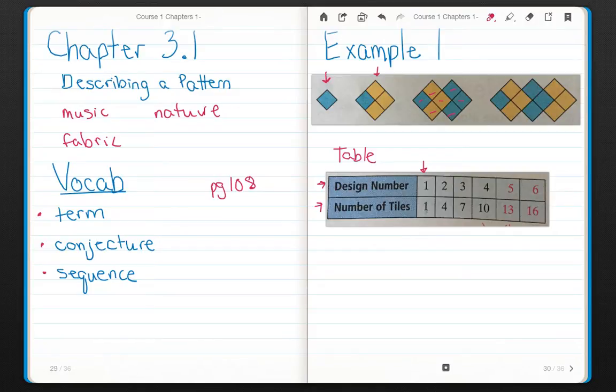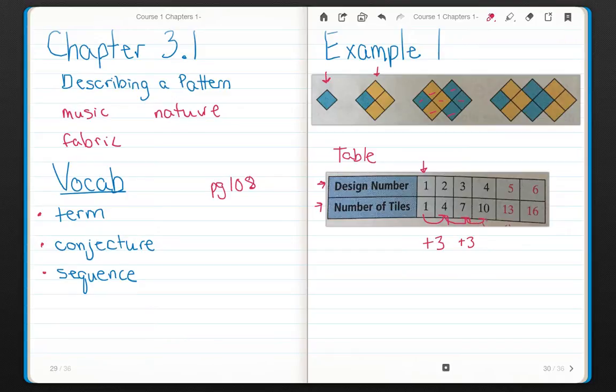So if I look at the pattern in my number of tiles, I see I start with 1 and then I go to 4. Well, that's an increase of 3 tiles. I'm adding 3. When I go from 4 to 7, I add 3 again.